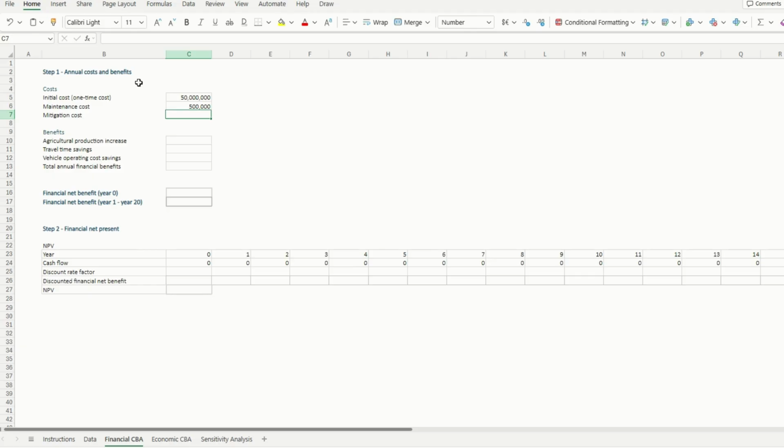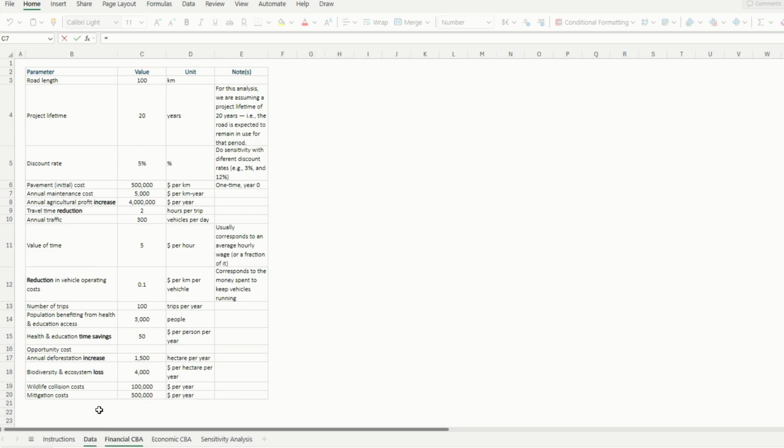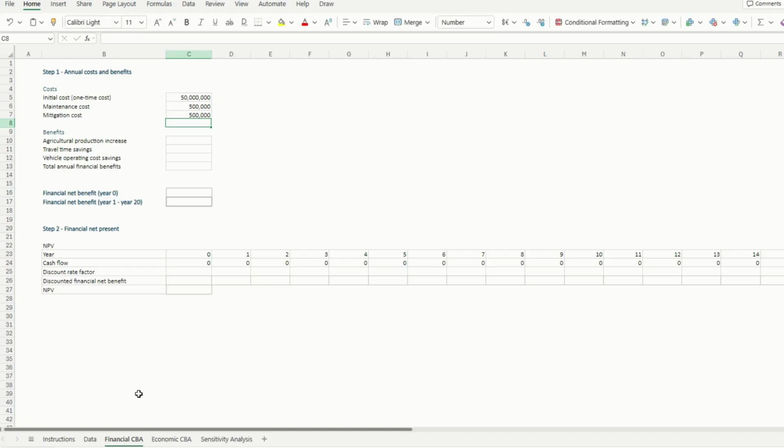This is given directly as an annual cost in the dataset, and think of it as spending on monitoring or environmental protection. So let's just get this number from the table, mitigation, here. And that covers our financial costs.